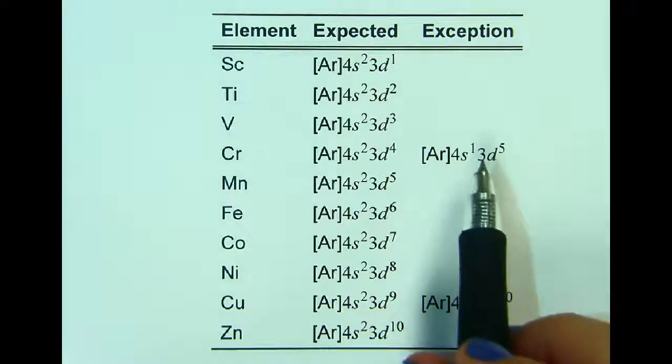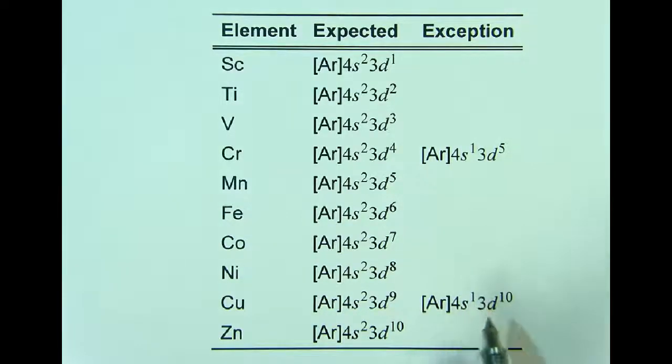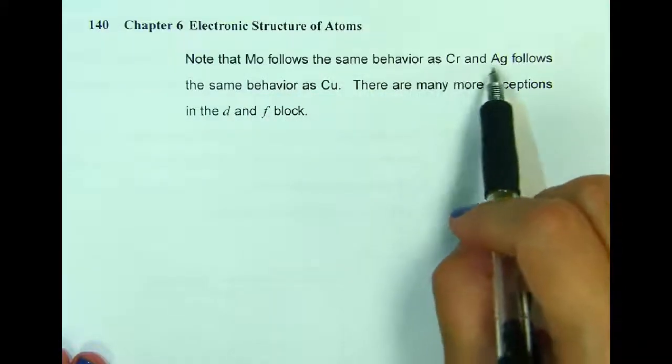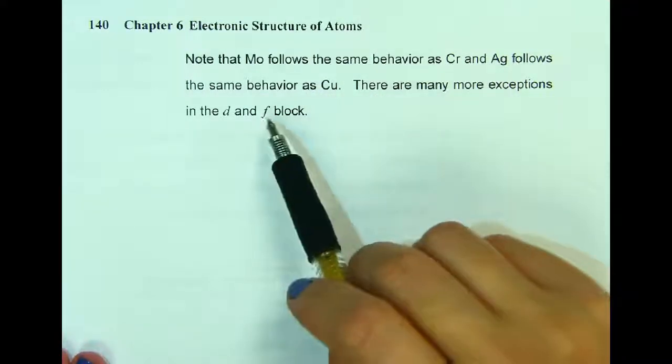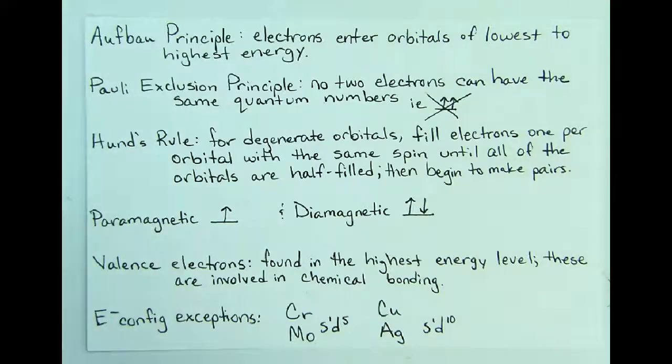So these are the only two scenarios where you should be shifting electrons in order to create either a half-filled or a filled sublevel. Note that molybdenum follows the same behavior as chromium and silver follows the same behavior as copper. There are many more exceptions in the d and the f block, but these are the only 4 you're required to know. Here's your note card for this section.